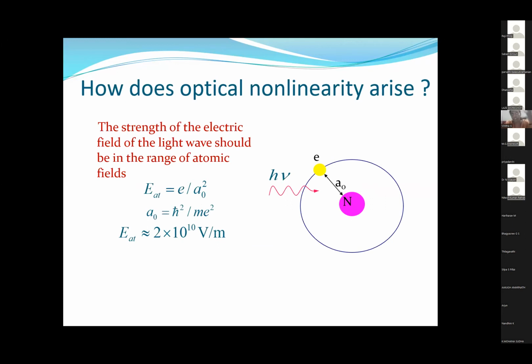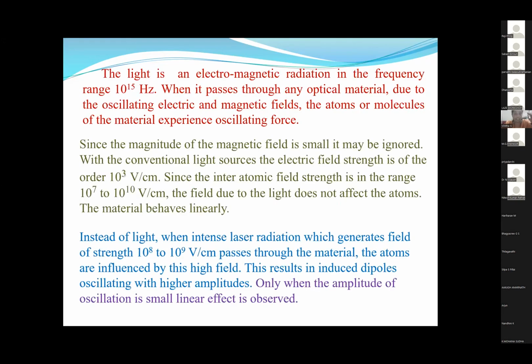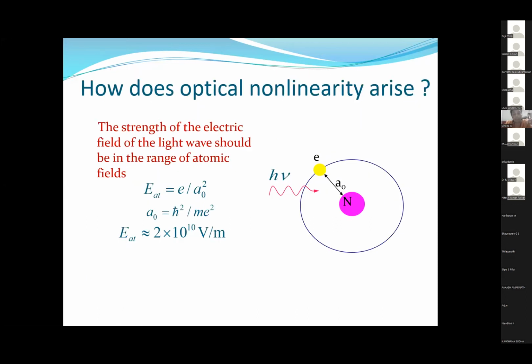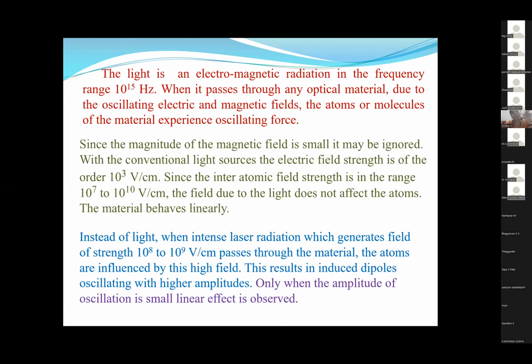But in the case of conventional sources of electromagnetic radiation, the field is very small. The electric field strength is only of the order of 10 to the power 3 volts per centimeter, whereas we have seen that a laser gives around 10 to the power 7 to 10 to the power 8 volts per centimeter. So conventional sources are not able to manipulate the atomic electric field.